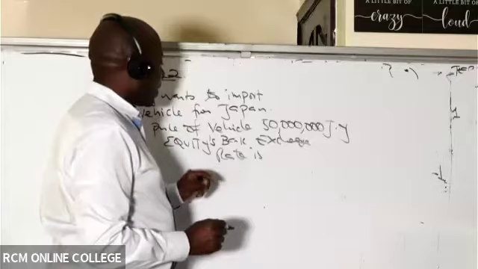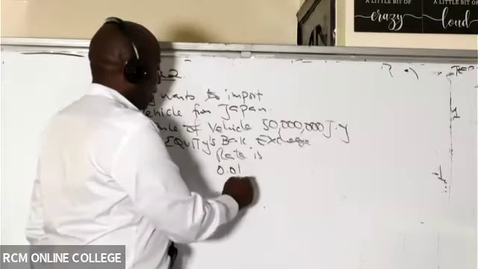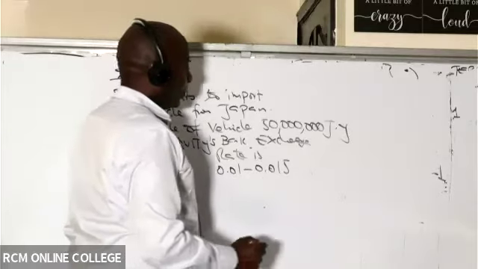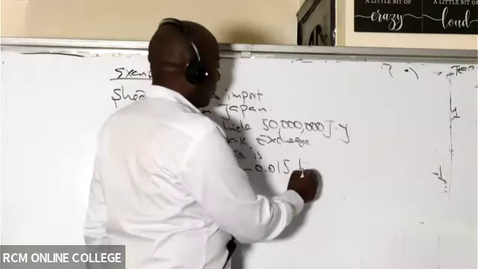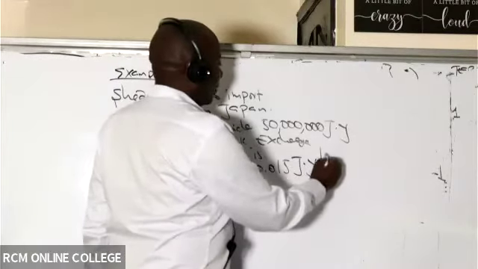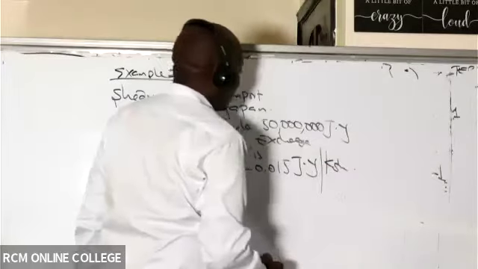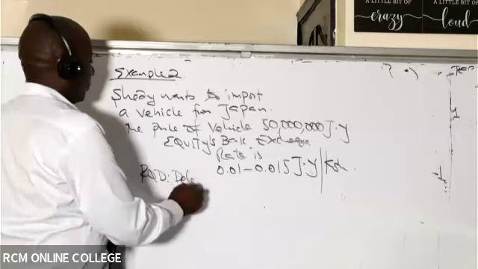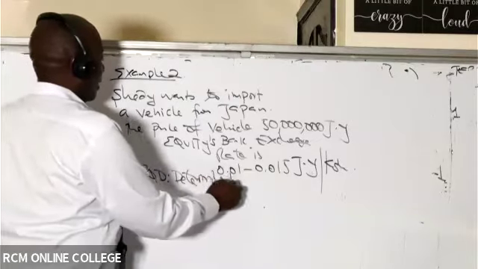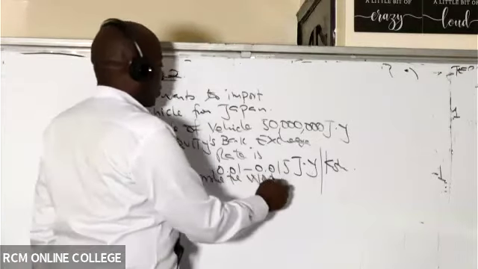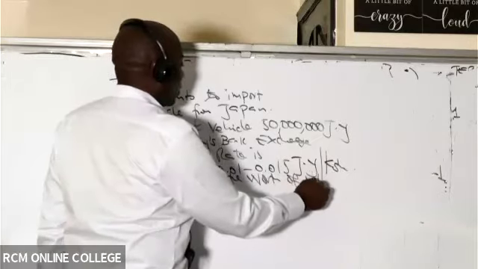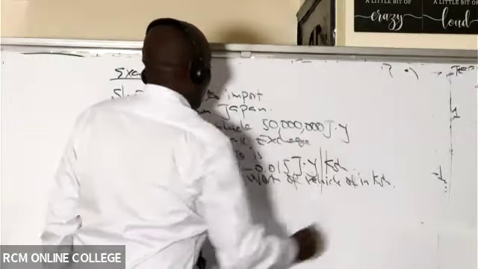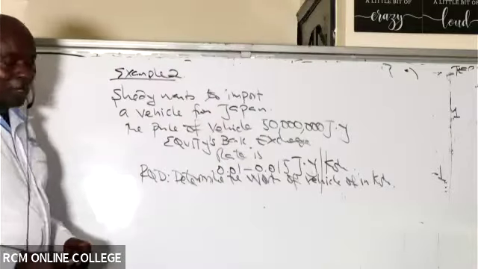So Equity Bank's exchange rate is 0.01 to 0.015 Japanese yen per Kenya shilling. So we are required to determine the worth of the vehicle in Kenya shillings.